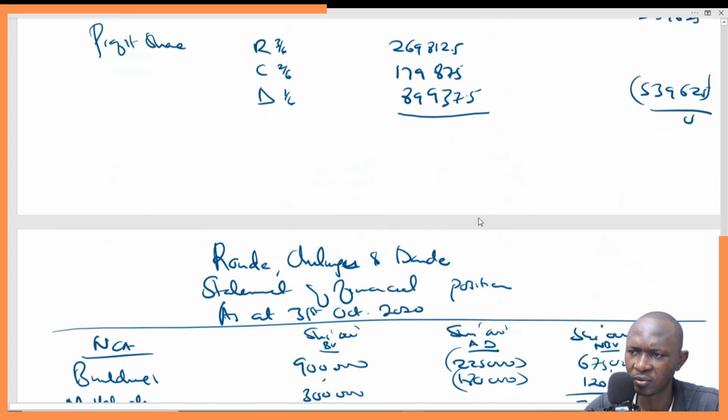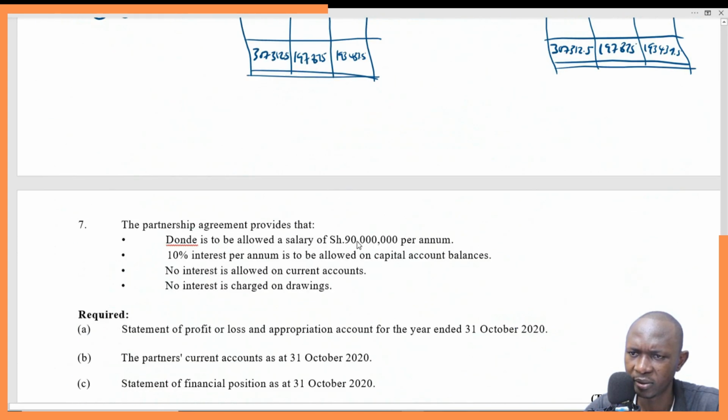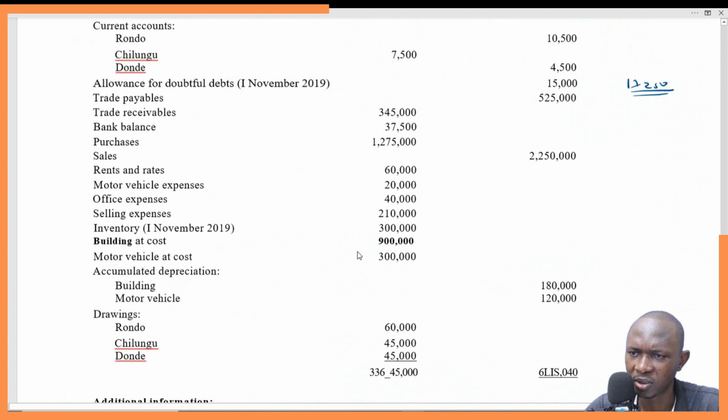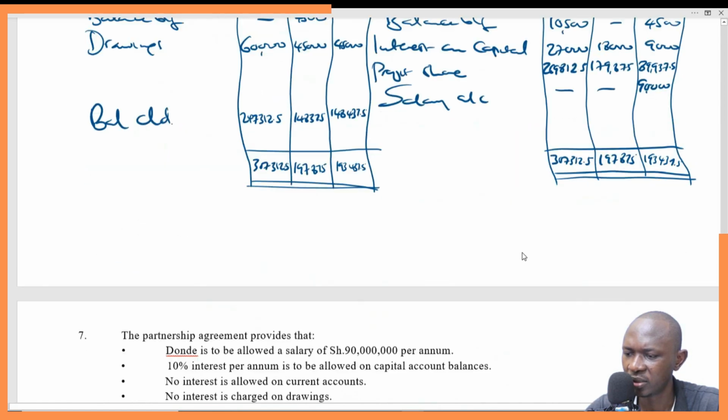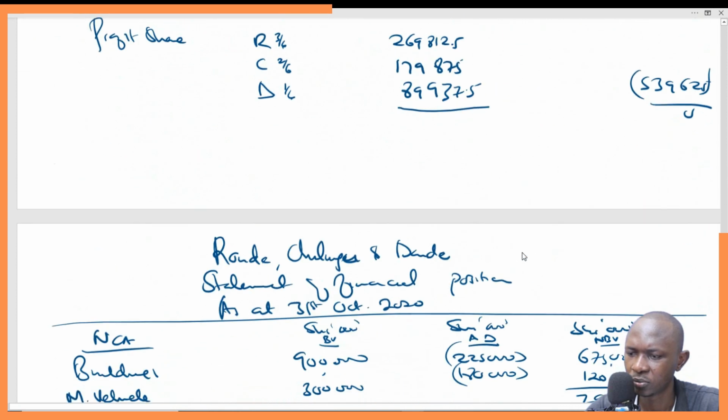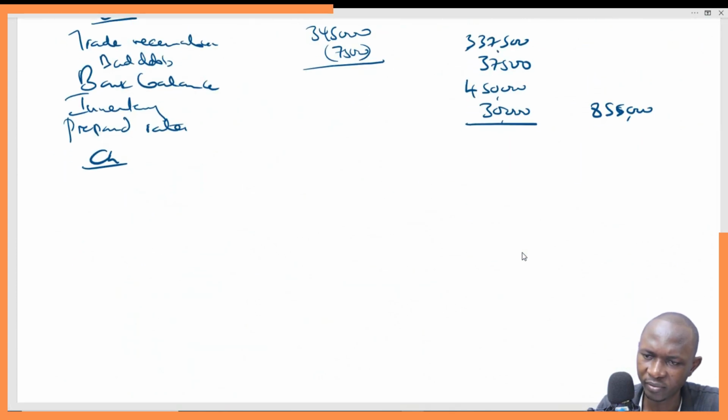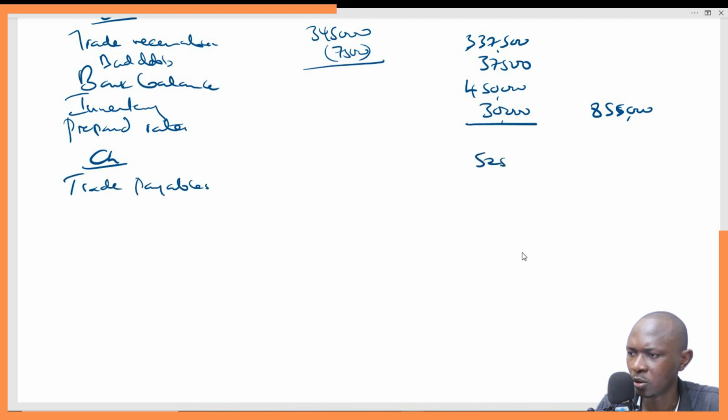Current liabilities will start again with trade payables. Trade payables, 525,000. You have these papers.